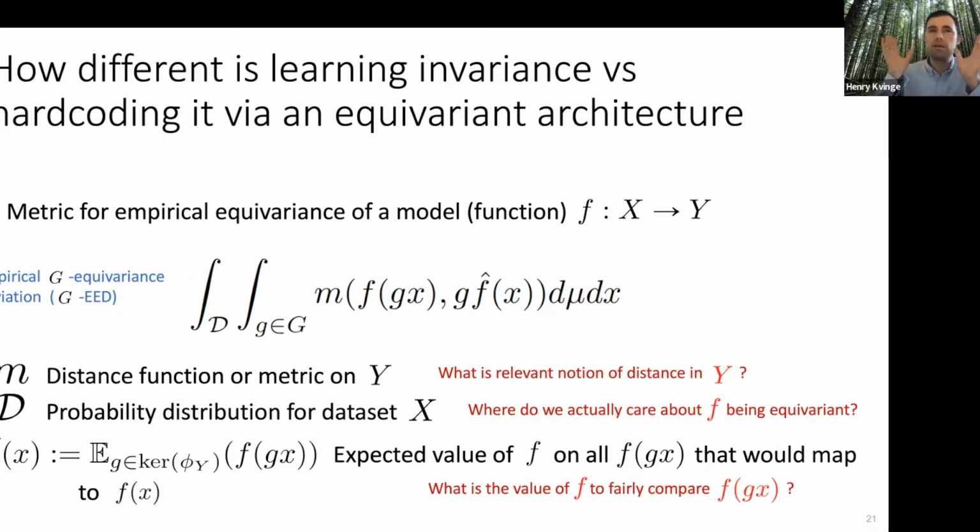I may not care that my function fails to be equivariant when I enter random noise. That's not something I'm expecting to encounter in my problem. So there's this notion of local equivariance. I only care about being equivariant on some data distribution.